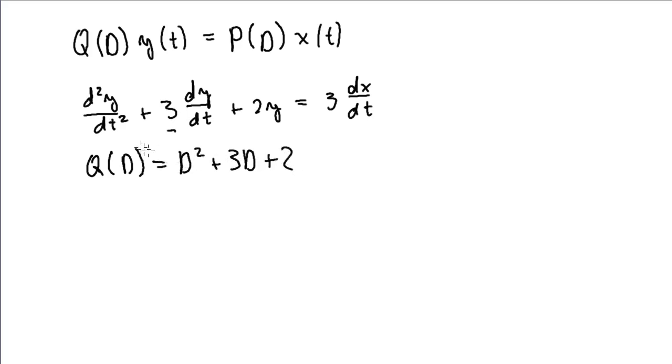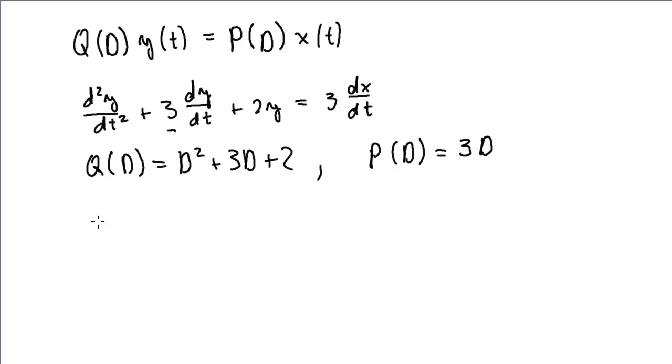So this would be my Q polynomial, and I can write that down again by inspection. The P polynomial is from the right-hand side, and this would be 3D and then plus 0x, and so I can just leave off the 0, but this would be the corresponding P polynomial.